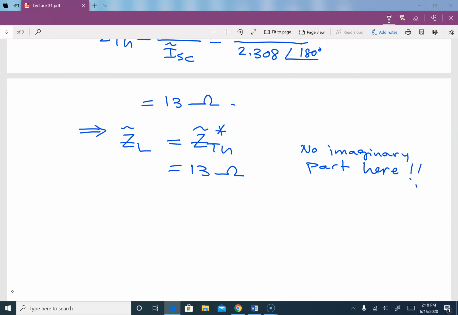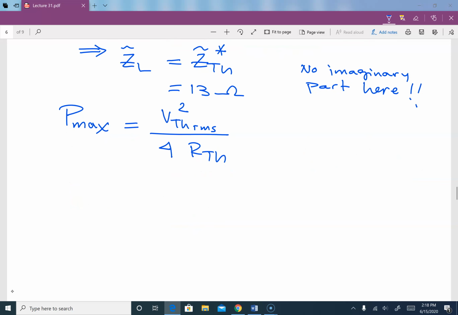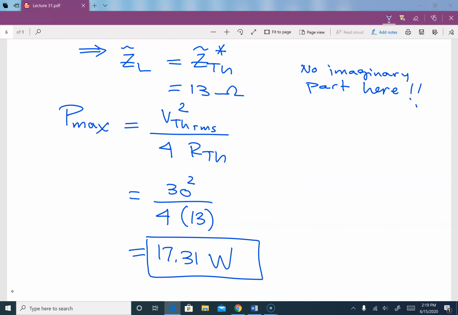So our Pmax is equal to, our values are in RMS, don't forget that, V Thevenin RMS squared divided by 4 R Thevenin. That is equal to 30 squared divided by 4 times 13, and the answer here is 17.31 watts.